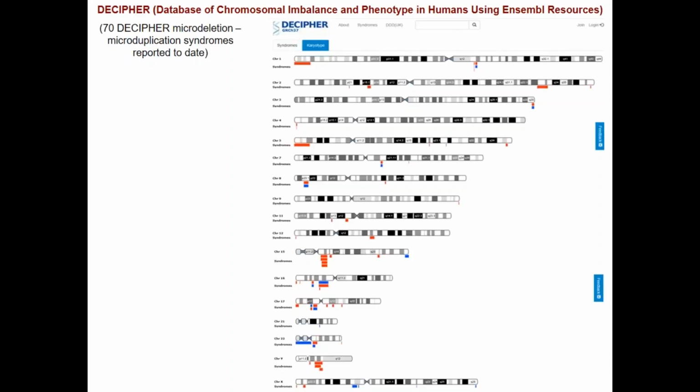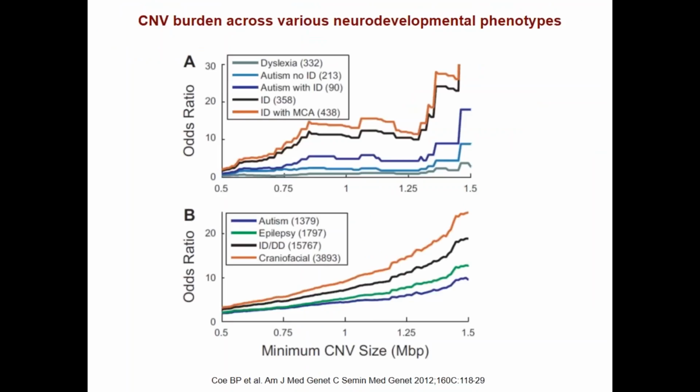So there are online tools. I mentioned earlier the Database of Genomic Variants, which is a catalog of benign CNVs. There is a similar database which is clinically based, the DECIPHER database. This is the Database of Chromosomal Imbalance and Phenotype in Humans using Ensembl Resources.